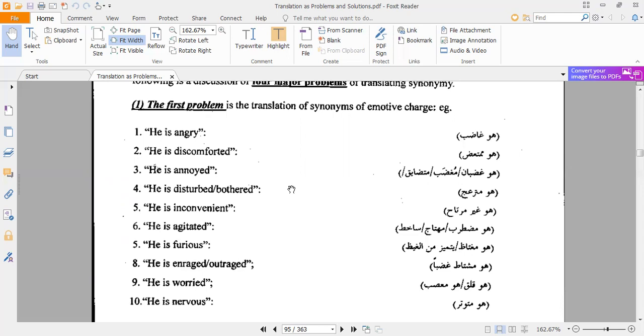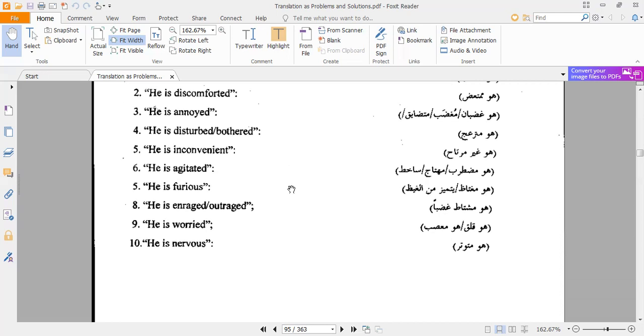Why? Because we have degrees of anger. They reflect different degrees of anger. Discomforted is more emphatic than annoyed in terms of meaning.